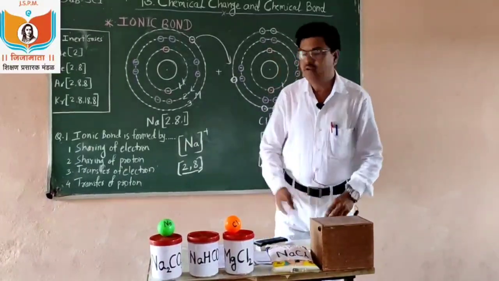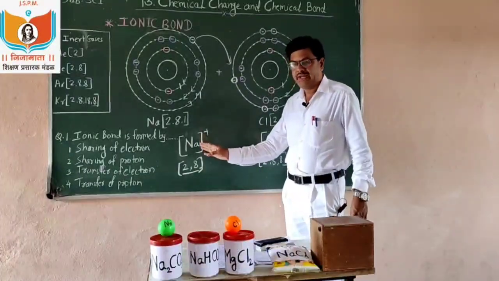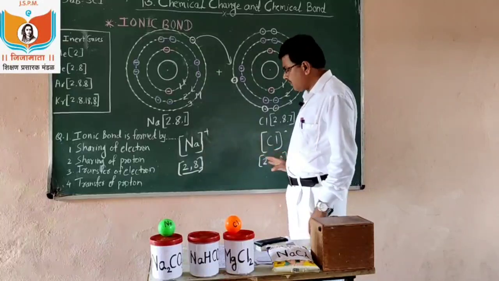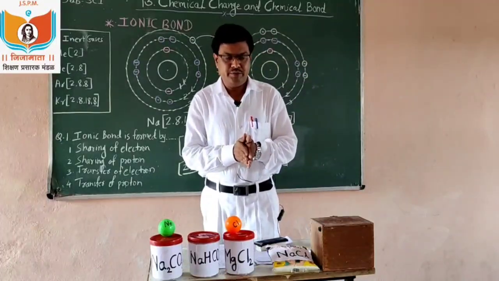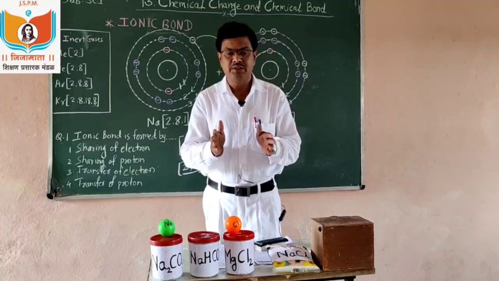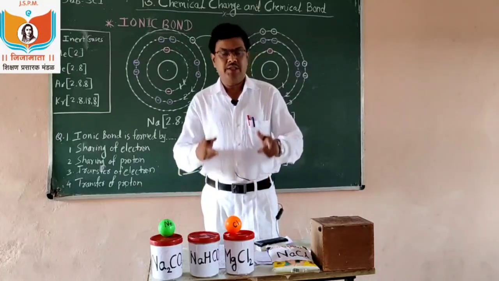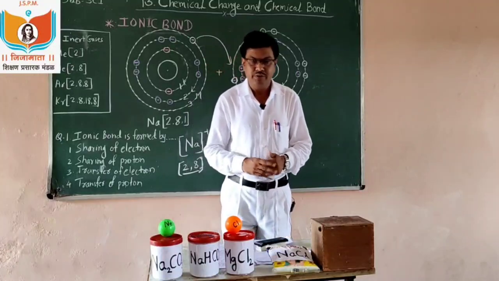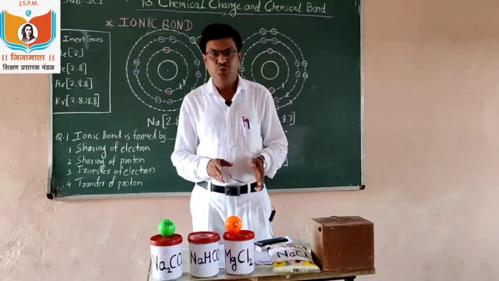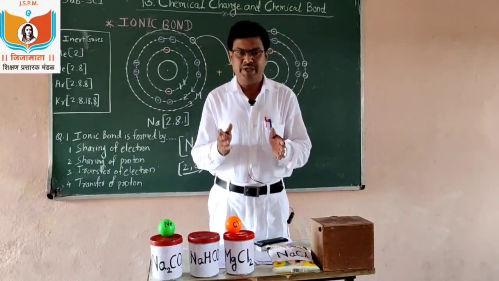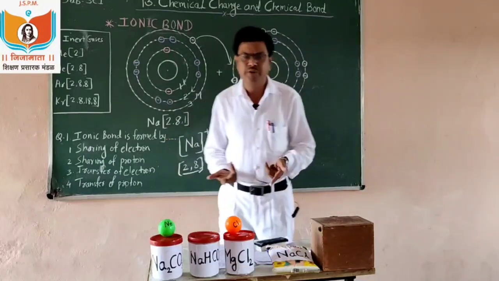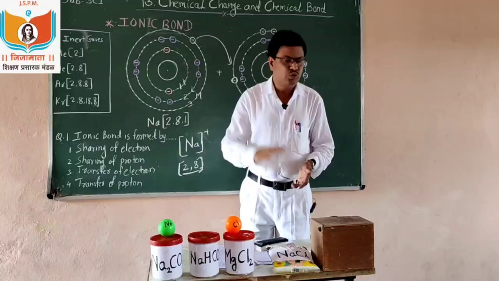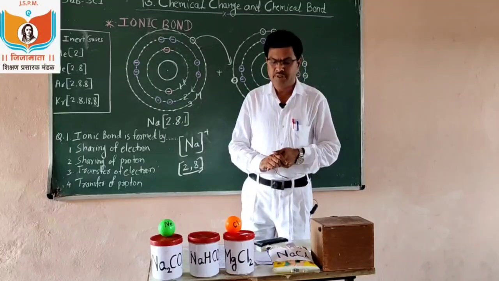In the same way, here also there are a cation and an anion, and there is an electrostatic force of attraction between these oppositely charged ions, and such a chemical bond which is formed due to electrostatic force of attraction between cation and anion is called an ionic bond, or it is also called an electrovalent bond.